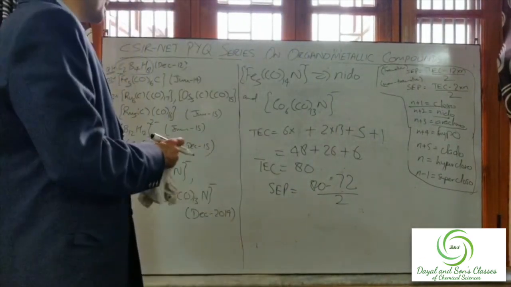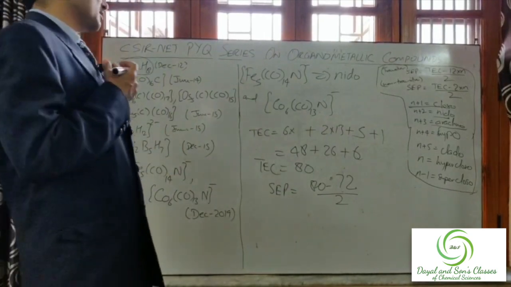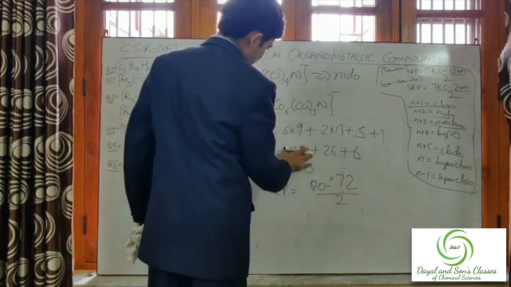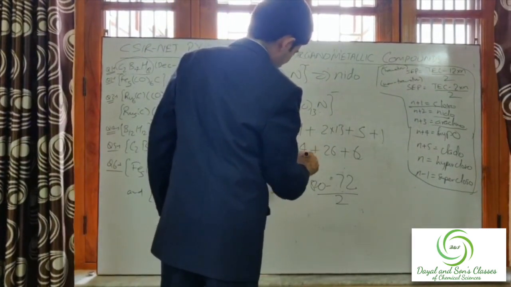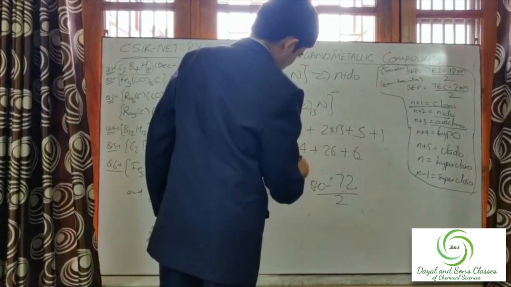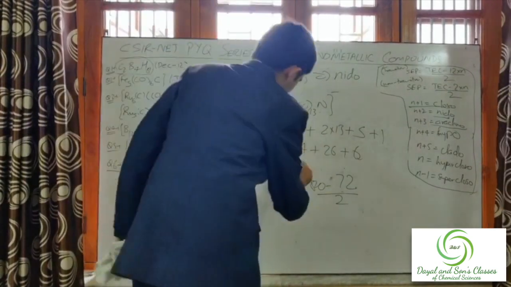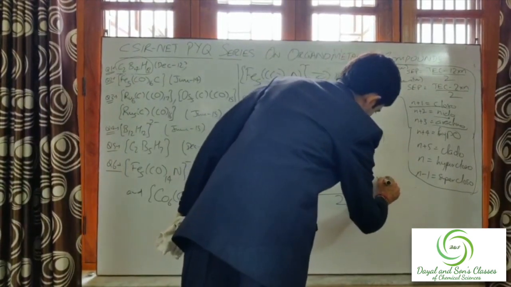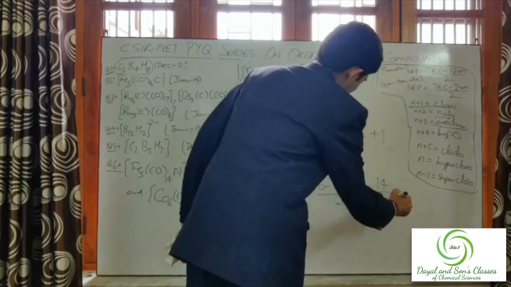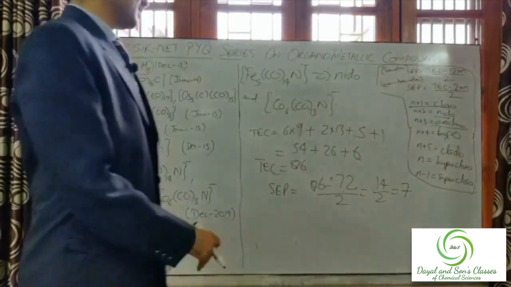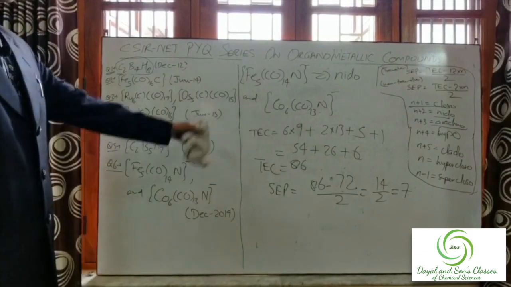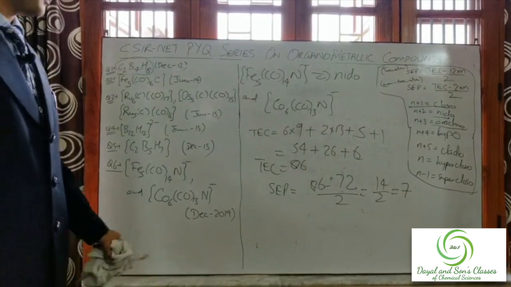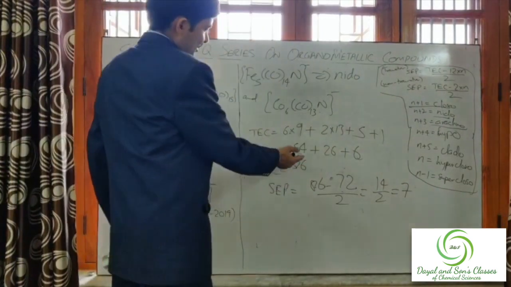Cobalt does not contribute 8 electrons, cobalt contributes 9. So 6 into 9 is 54, plus 32, 86.